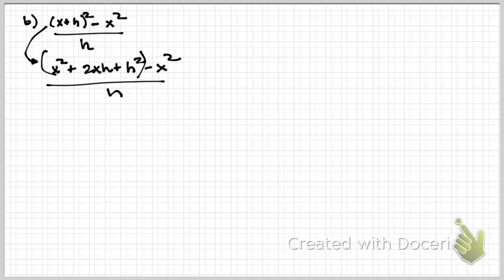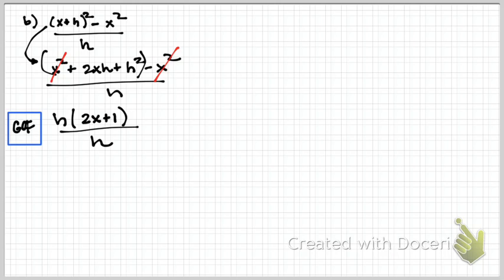It works out nice: cancel, cancel, and then in the top you're going to want to pull out your GCF again. So you pull out the h, and you have left 2x plus h all over h. The h's cancel, so we're left with 2x plus h.